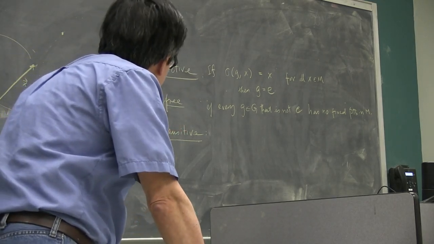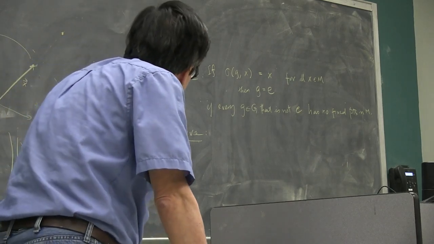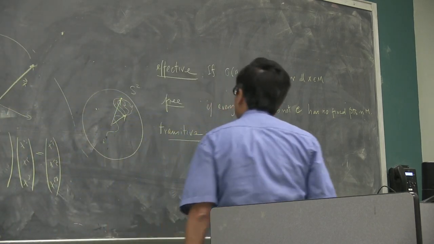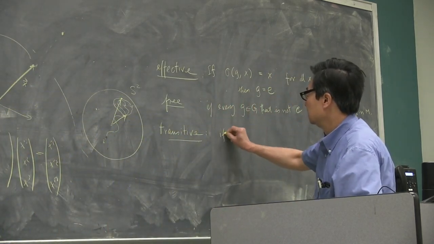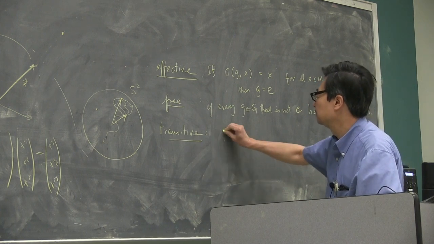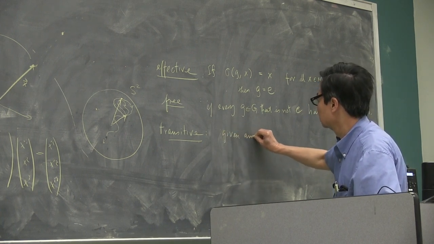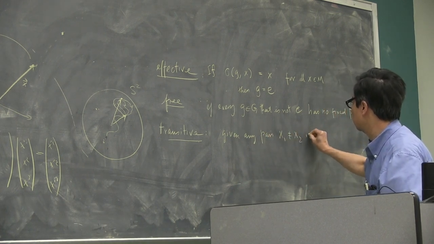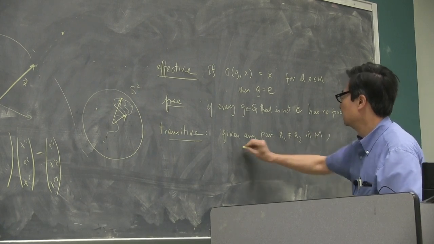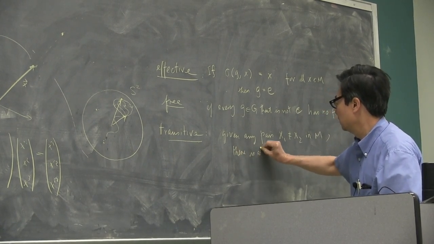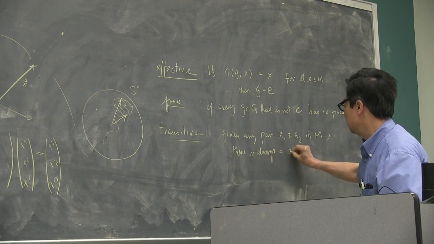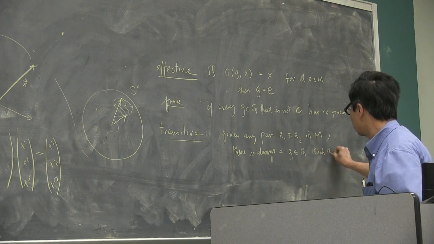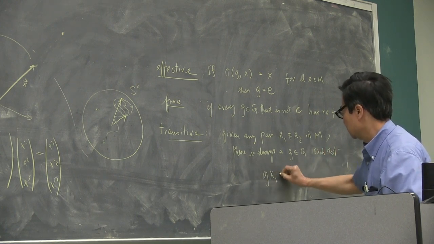If a group action satisfies the second condition, then the group action is called free, and then I have already mentioned transitive. It says that given any pair x1 not equal to x2 in M, there is always a g in G such that, let's say, gx1 is equal to gx2.